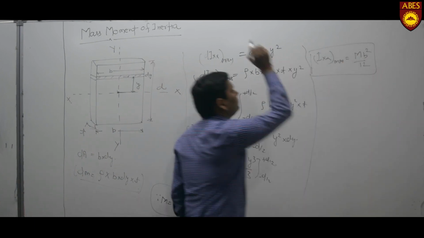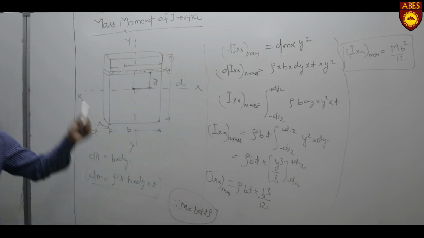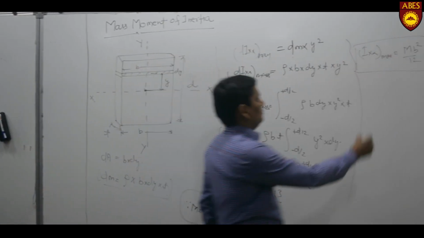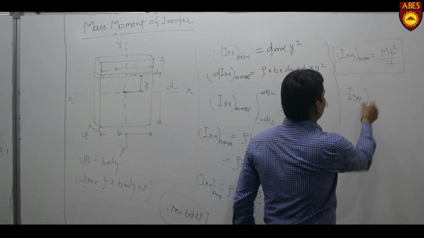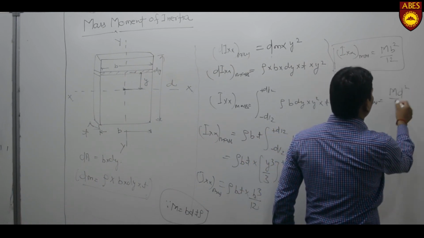Similarly, we will calculate the mass moment of inertia of the rectangular section about the y axis: Iyy mass equal to M b square by 12.